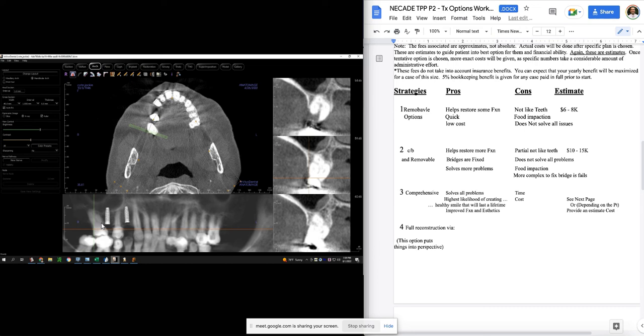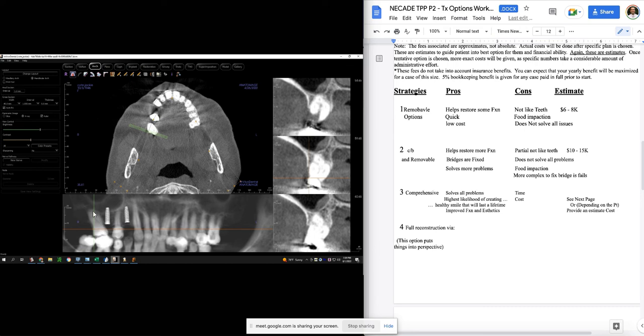The other part is when we close spaces orthodontically, it's always harder to move the tooth in a direction away from the apex of the tooth. So here's the apex of the tooth. This would be away. Let me rephrase that.